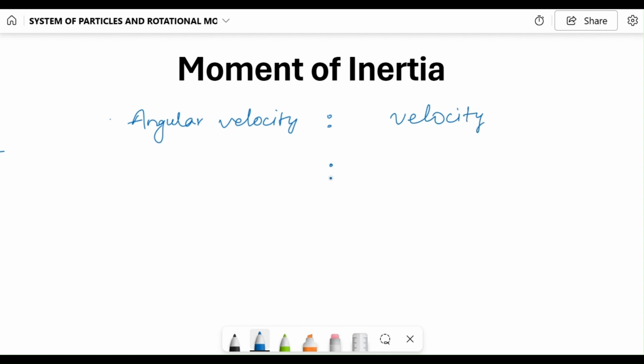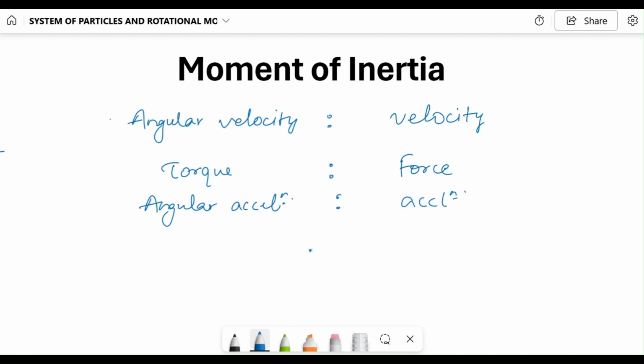And then we have torque, which is the analog for force in case of rotational motion. And we have, of course, angular acceleration as well. And this is the analog for linear acceleration, or simply we write it acceleration.